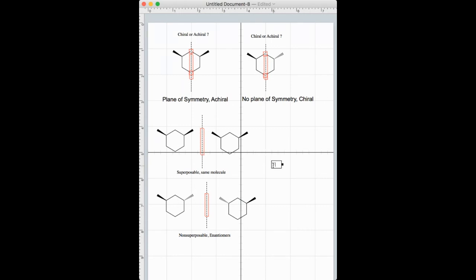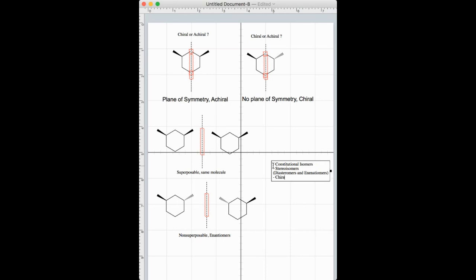So you need to know, identify constitutional isomers, which we discussed in class. You need to know stereoisomers, and this includes basically diastereomers and enantiomers.